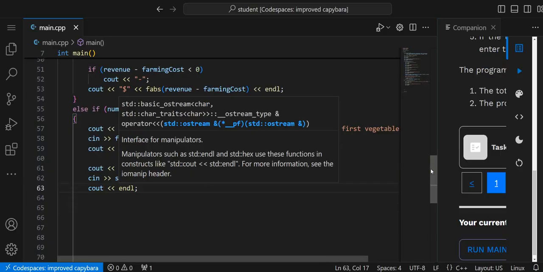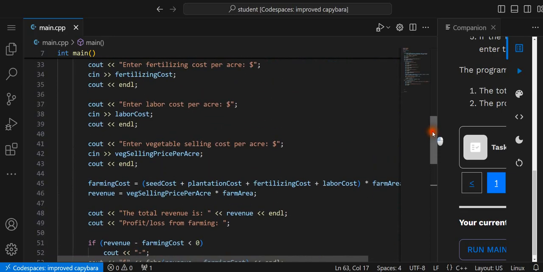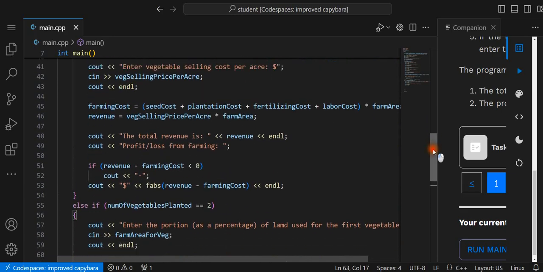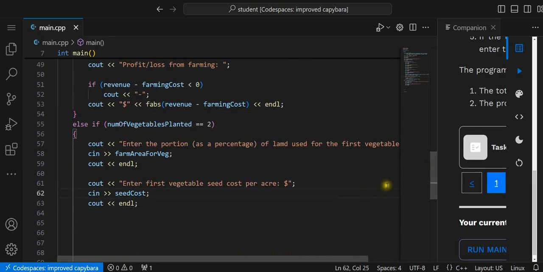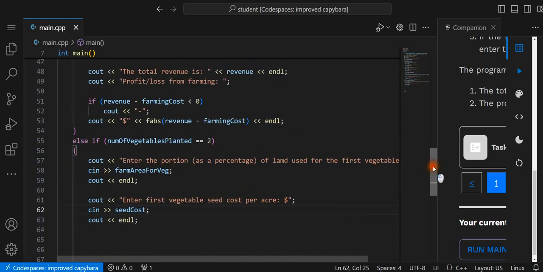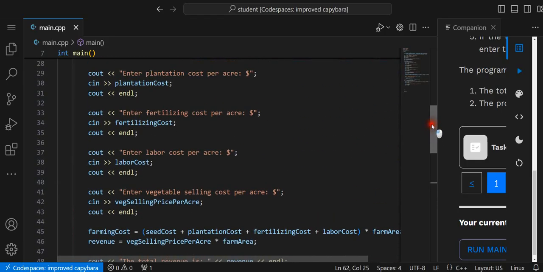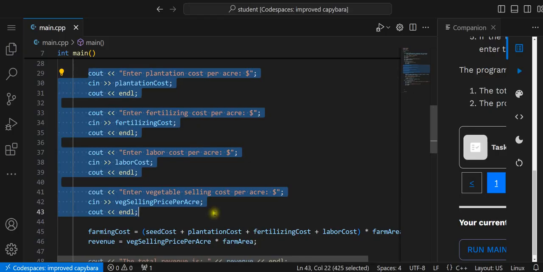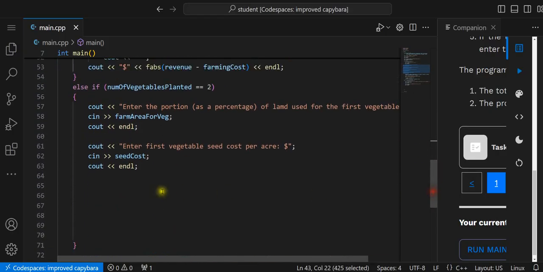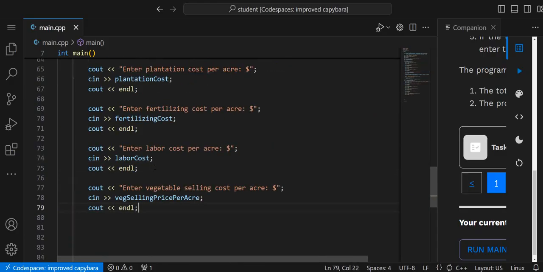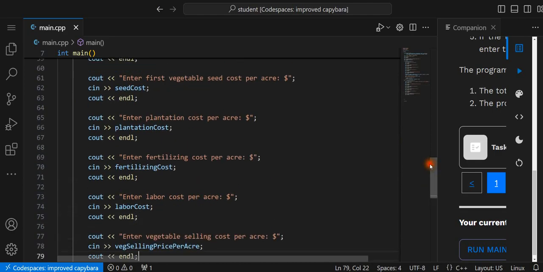All right, so let's go. So, let's see. First vegetable plantation costs. Fertilizer costs. Let's use these again. So that's 4. And all we have to do for this is paste those 4, and we'll put enter first in front of them.